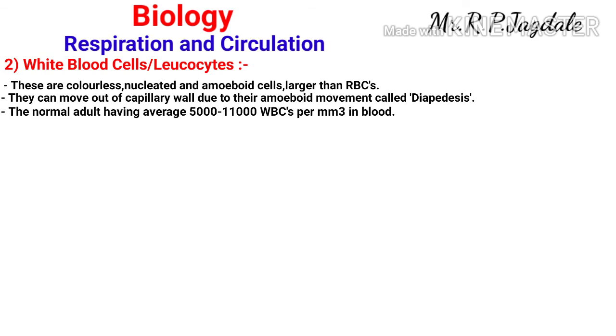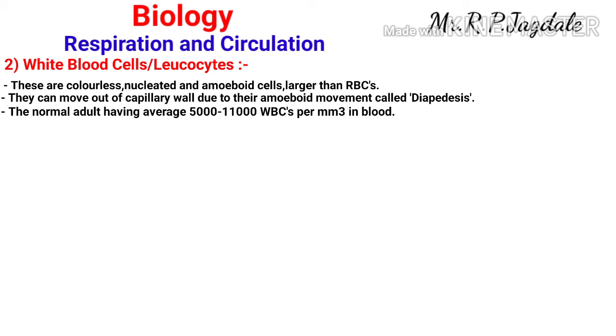We know that generally in a normal adult, the average is 5000 to 11,000 WBCs per mm cube in the blood. That is the average value.